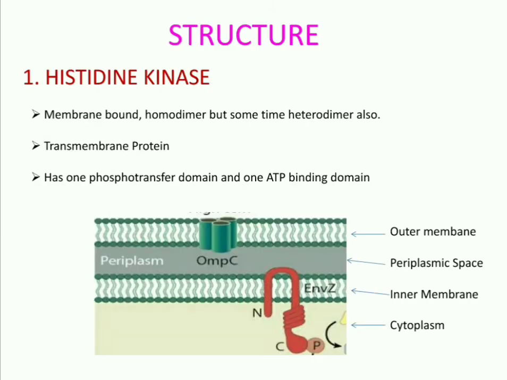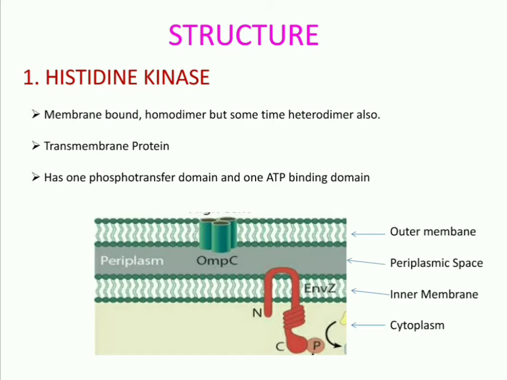Before going to the mechanism of this system, we have to study the structure of a histidine kinase and the structure of a response regulator. Histidine kinase is a membrane-bound homodimer. A bacterial cell possesses an outer membrane and an inner membrane, and in the middle region between them the periplasmic space is present.